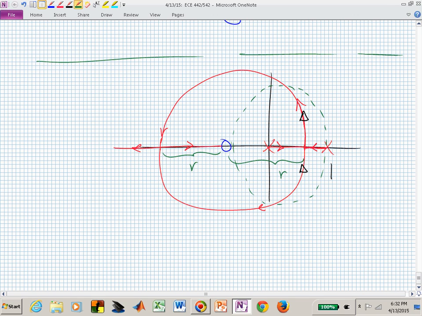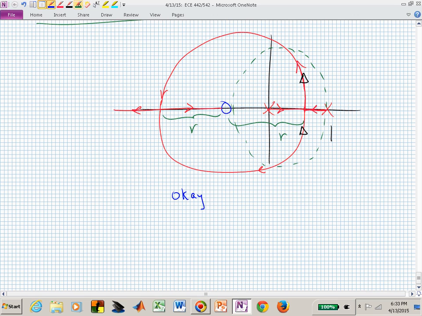All it takes is one pole outside the unit circle, and you do not have a stable system. Is everybody okay that this pattern is acceptable within constraints, just like the other one? This one is okay.